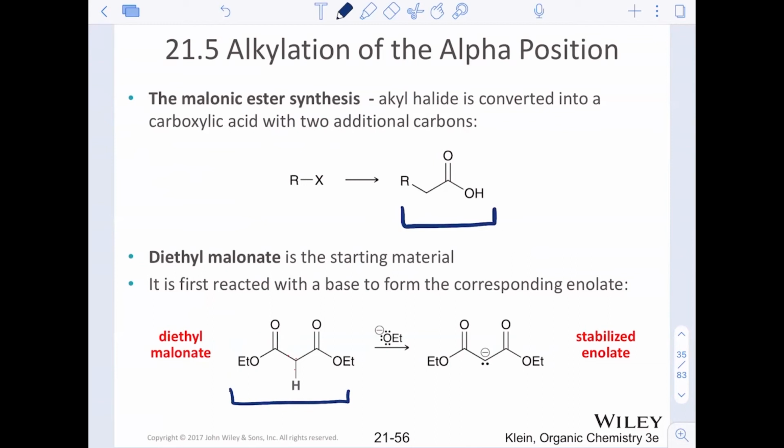So first thing that we use is a base. Here we get to use an alkoxide simply because the pKa of diethylmalonate is very, very low, 13 pKa, and that's because of resonance stabilization.